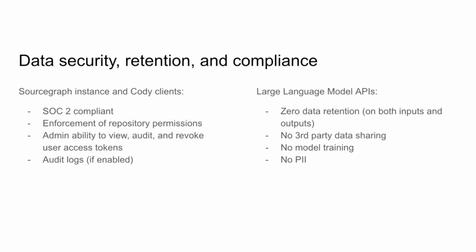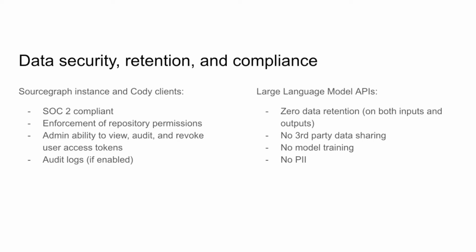So on the Sourcegraph instance, all the Cody clients that are connected to it respect the repository permissions that have been configured on that instance. So that means that Cody never uses any information from unauthorized repositories to respond to a user. Additionally, a user's Cody client accesses the Sourcegraph instance with an access token, which the user generates on that Sourcegraph web application within their user settings.